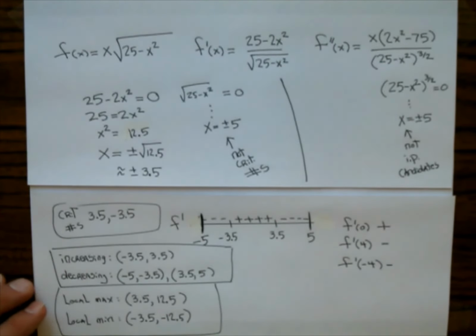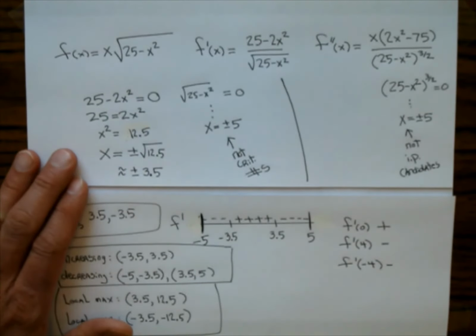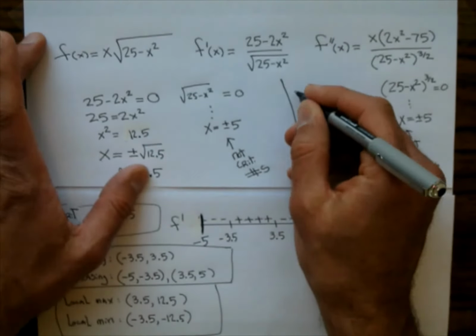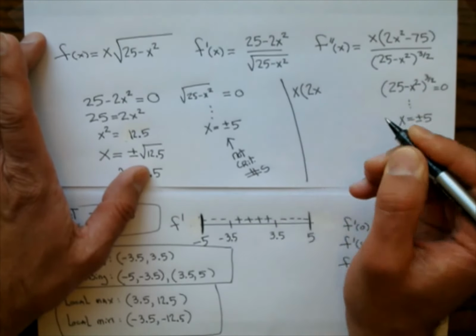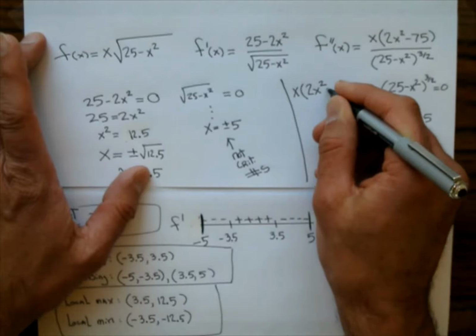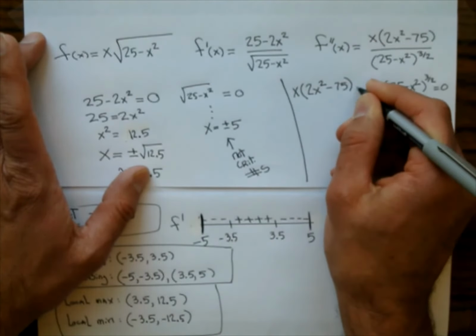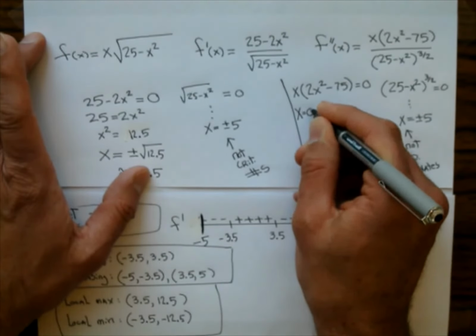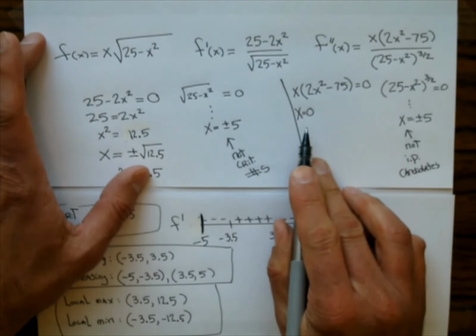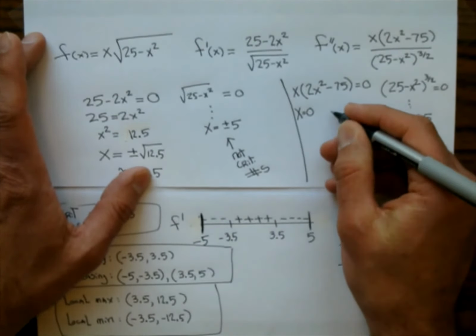So I'm going to go ahead and set the top equal to 0. When I set the top equal to 0, I think I can do that right here, but I'm not sure this is going to work out in terms of space. Set that equal to 0. I get x equals 0, so that happens to be a candidate. And let's just do this one right here.